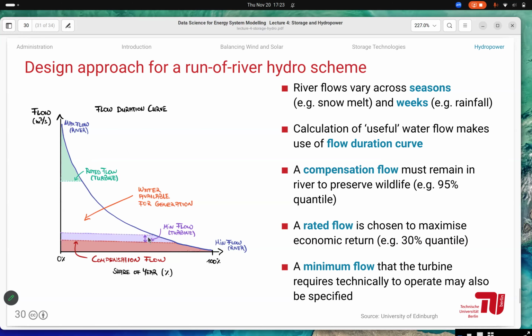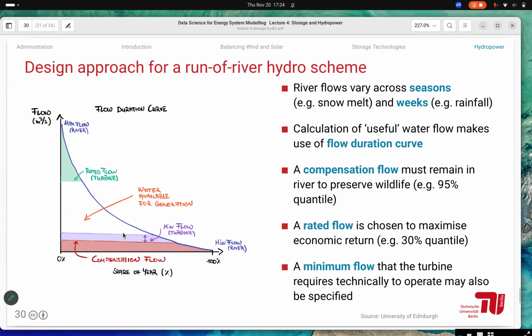And in some cases, the turbine might not be working with very low water flows, similar to wind turbines that need a minimum wind speed to operate. So out of the flows that you would have available in principle, there might also be a minimum flow that has to be deducted in this duration curve.